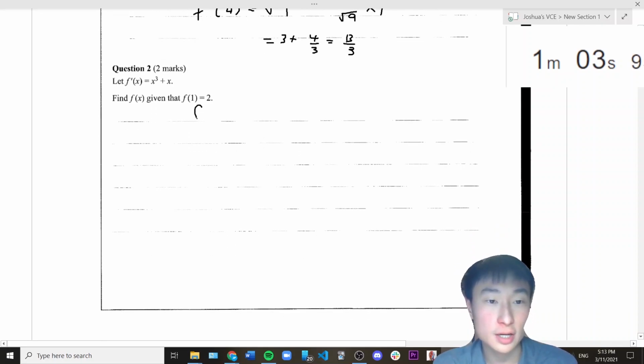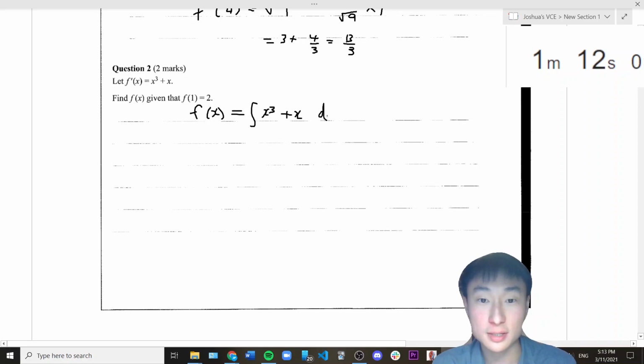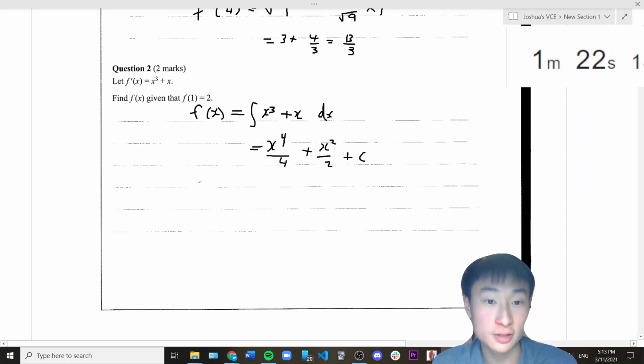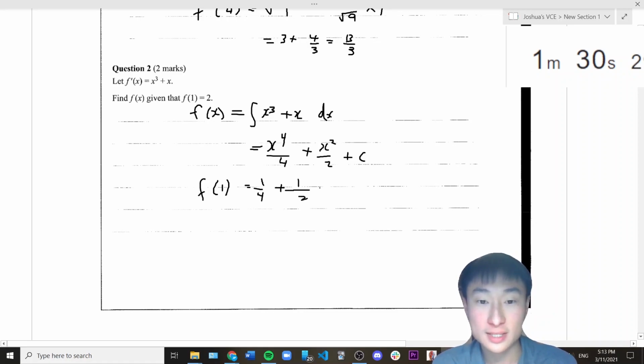Find f of x. Okay, so this is an integral classic question. f of x is the integral of x cubed plus x dx. That's equal to x to the 4 over 4 plus x squared over 2 plus c. Very important in indefinite integrals. f of 1 is equal to 1 over 4 plus 1 over 2 plus c is equal to 2.